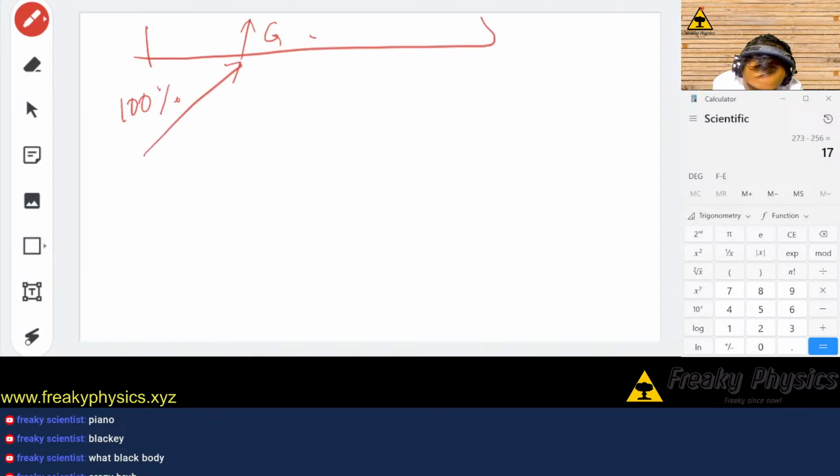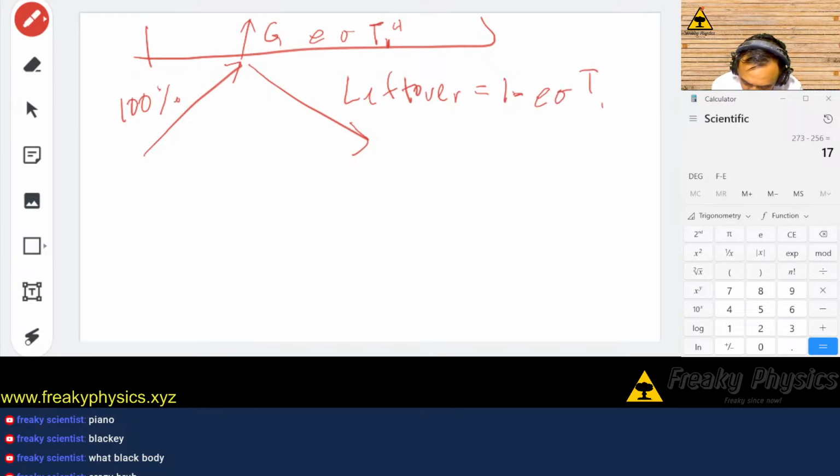It absorbs E sigma T1 to the 4. So how much should be left over and reflected? So left over is equal to 1 minus E sigma T1 to the 4. So that's how much is reflected.